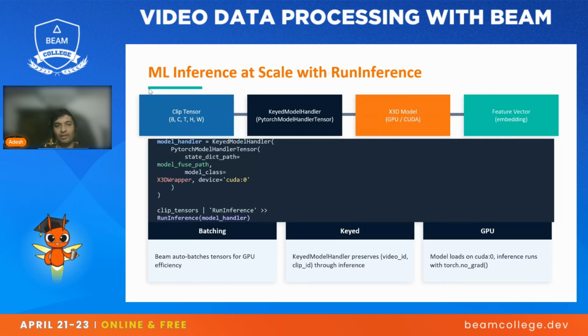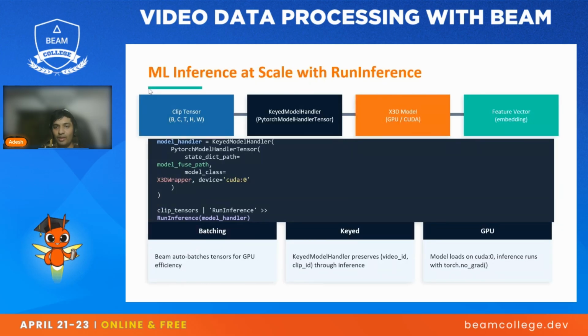At the last stage, as we saw, we created the clips, converted them to tensors, and gave them to the keyed model handler. We have the video ID, the clip ID, the frame ID. Now the next step is giving it to the model for run inference. Apache Beam also provides a RunInference transform, which helps track the keys from the keyed model handler throughout the model.